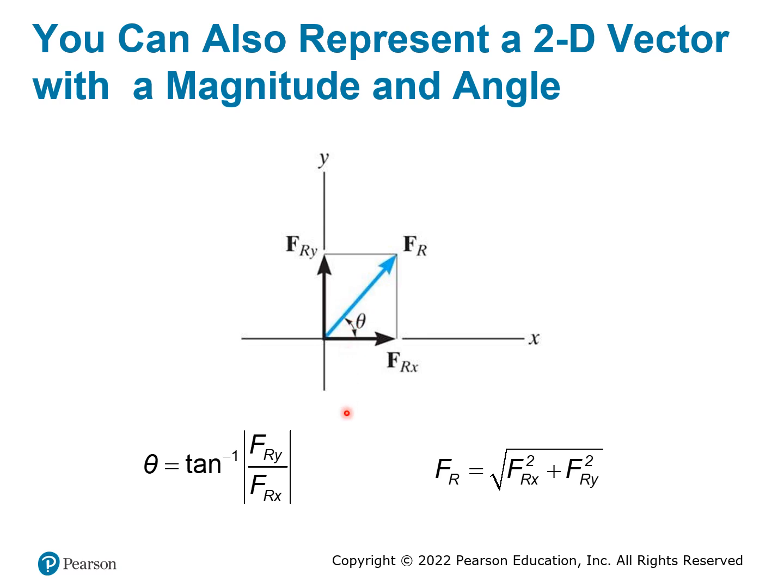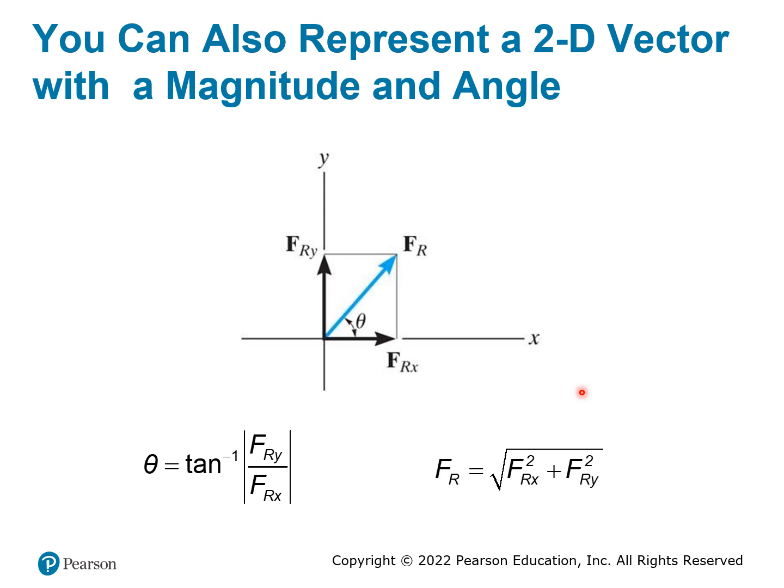In trigonometry, we can find the angle if we know the components. We take the arctangent of F_Ry divided by F_Rx, then we get the angle, which is the angle of this triangle here.